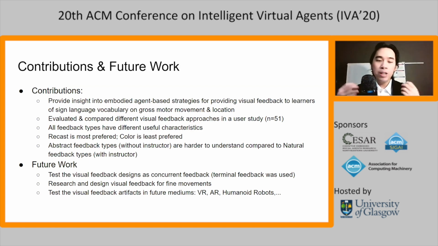We need to test the visual feedback artifacts in future mediums as well, because we have only tested them on a screen using three-dimensional avatars. What happens if we test them in virtual reality, augmented reality, on humanoid robots, or on some other futuristic mediums that we are exploring in the future?